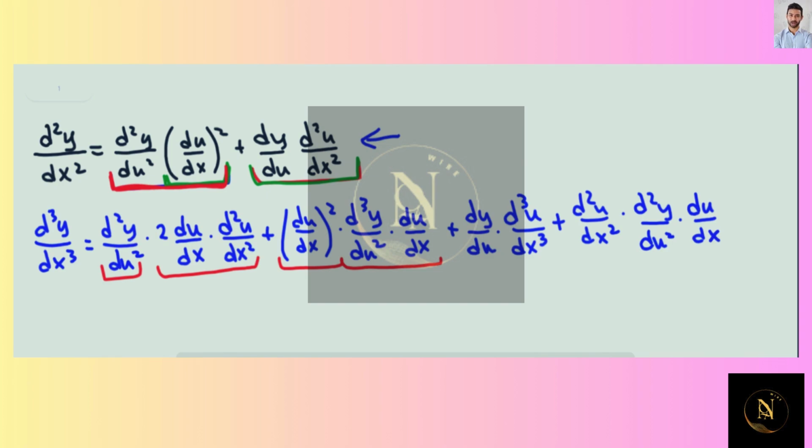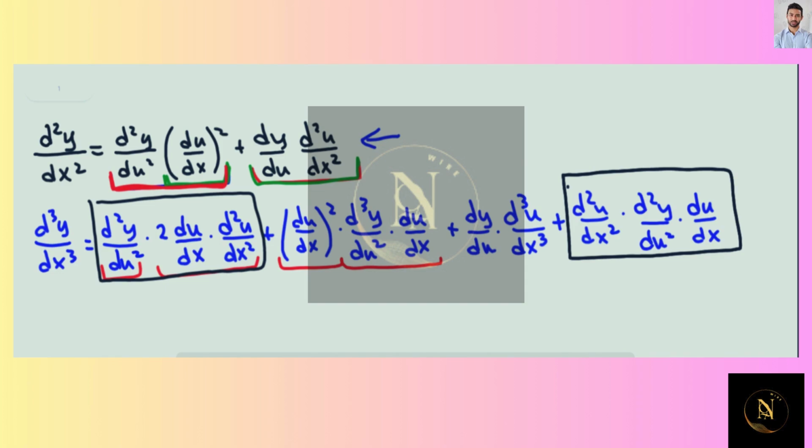Now we want to see if there's anything that we can combine or simplify. So notice that our first term and our last term both contain the same variable expressions. The second derivative of y with respect to u, the second derivative of u with respect to x, and a du dx.